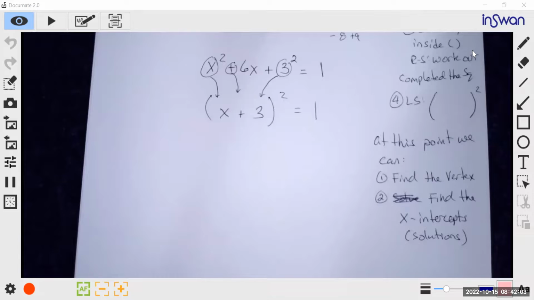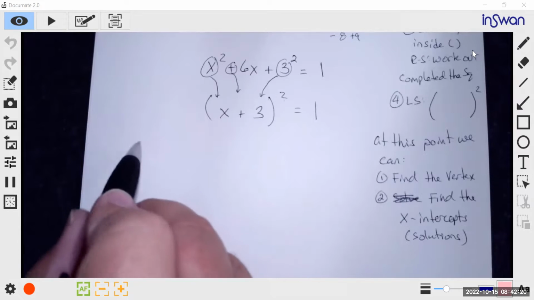At this point now, when we have it written like this, we could do one of two things. We could either find the vertex or we can go ahead and solve it. Let's look at both of them.